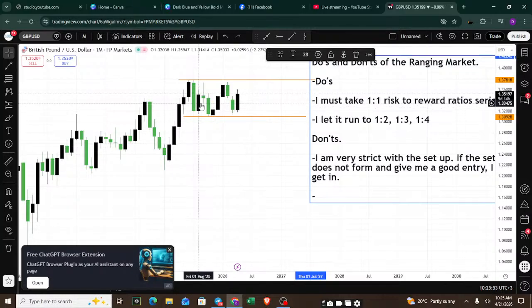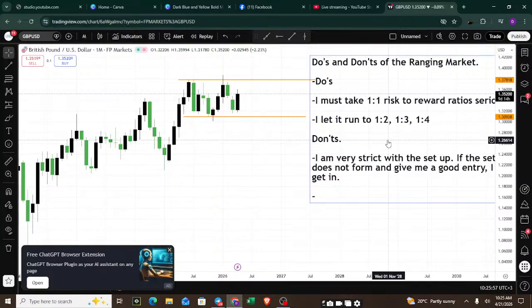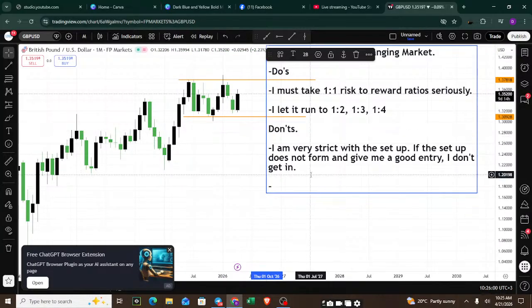Whether we like it or not, it is going to get out of that ranging market. So I'm preserving my capital for those good times. So these bad times, I have to be very, very, very serious with my capital.